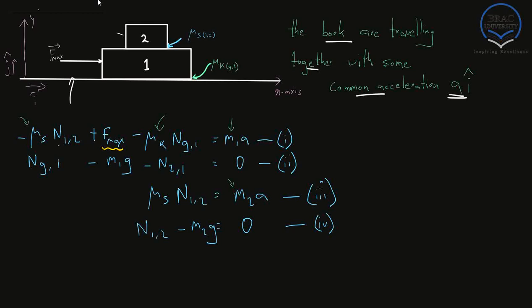We also don't know the normal reaction forces, and we don't know what the common acceleration is either. If we can solve for the normal reaction forces and acceleration and plug those into equation 1, we should get our desired F max.